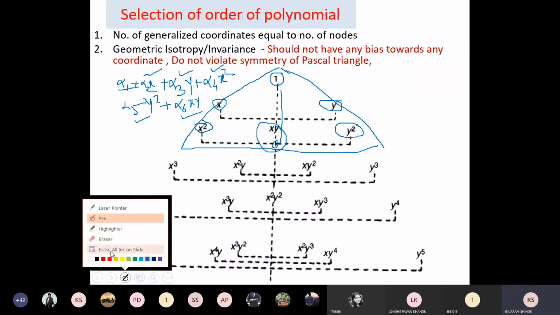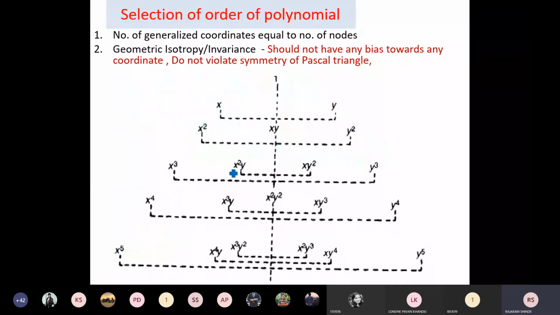How this Pascal's triangle is useful for writing the interpolation polynomial. Now see here, this is for quadratic two-dimensional element. Now again I will take cubic two-dimensional element. Here it will start from here and it ends here. Now this is cubic two-dimensional element.